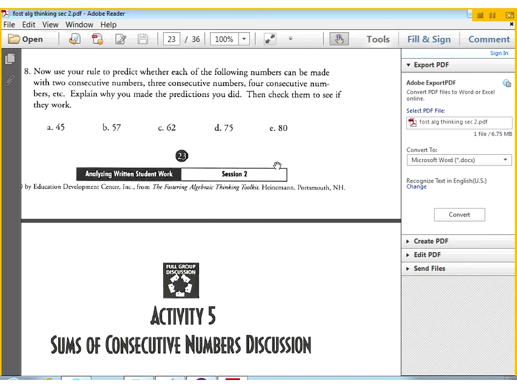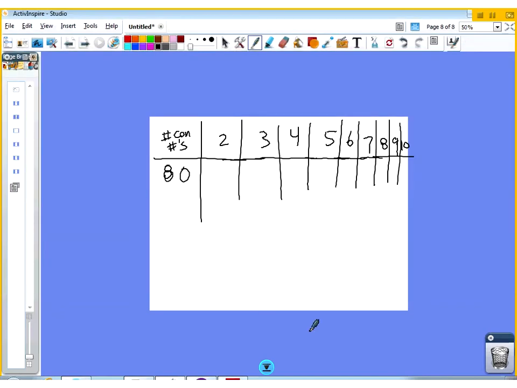If you're watching this digitally at home, on the post that you're going to put on Facebook, put how many ways you can write 62 and 75 as sums of consecutive numbers. Wow, 74 divided by 3. And once we finish this, we'll take another 5-minute break.